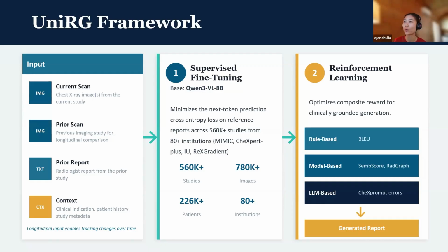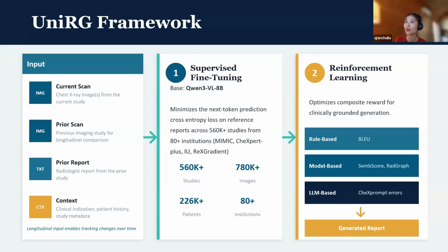But for now, we are focusing on the chest X-ray, and we want the model to be able to follow the clinician's workflow as closely as possible. And we want our model to optimize the metrics that we care the most about in the output, and that would really gauge the clinical performance of the radiology reports.